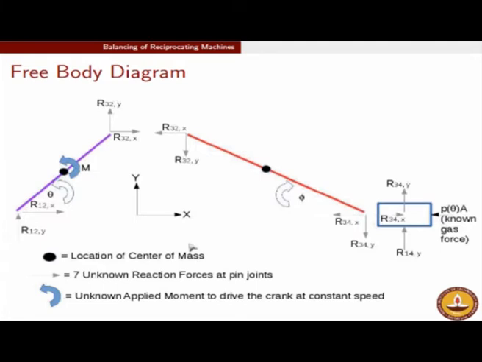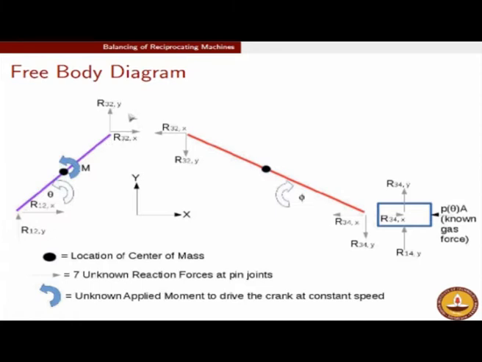If we count how many such reaction forces there are, we see that there are two forces here, two forces here, two forces here, and one force here. So there are 7 reaction forces, 2 plus 2 plus 2 plus 1. I don't count the forces on the connecting rod because that would be double counting.